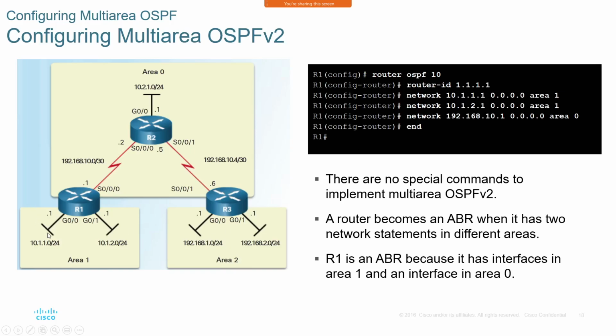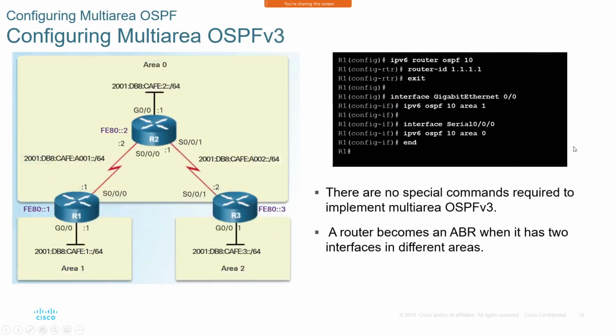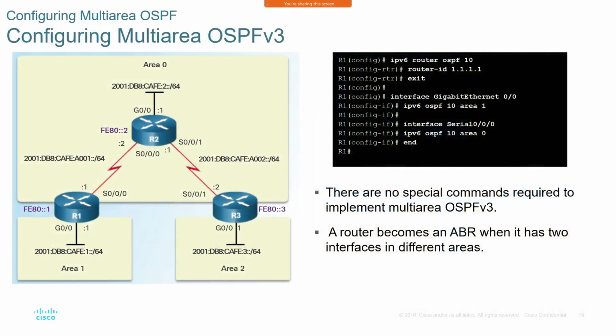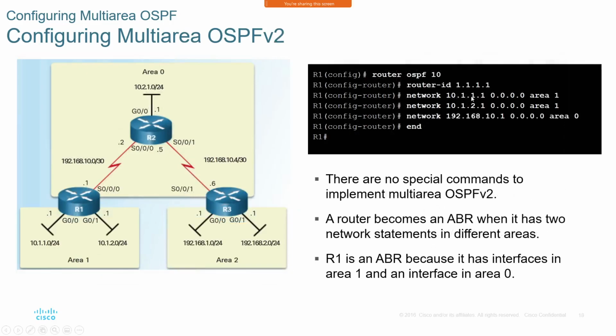This is /24, so the subnet mask is 255.255.255.0 and the wildcard mask is 0.0.0.255. Sometimes it reduces the effort if you just specify that you want to advertise the network connected to this interface, and then you specify the interface IP. So you don't need to specify the wildcard mask. Let me go back, which is the case here. All right. Thank you. No worries.